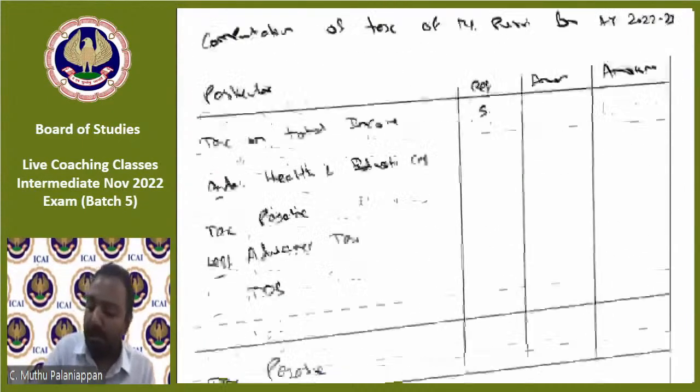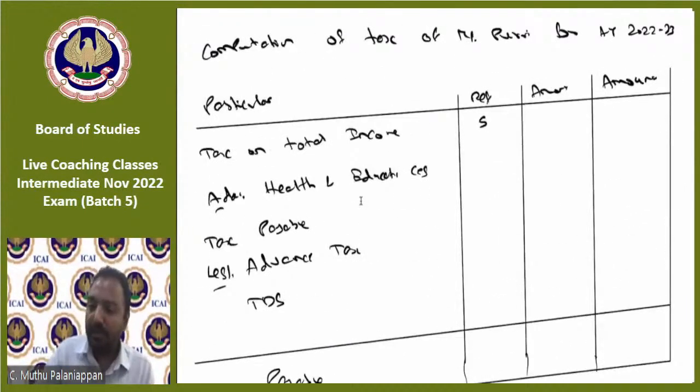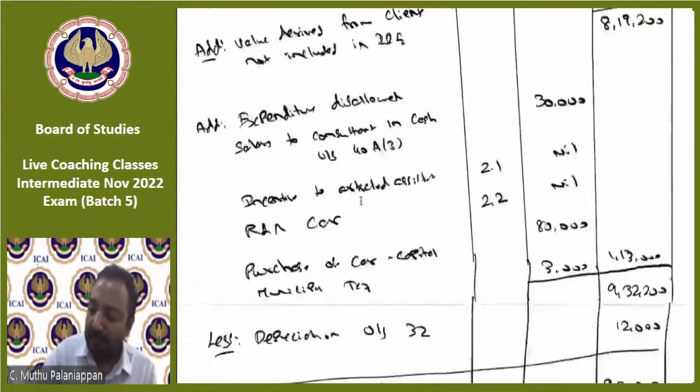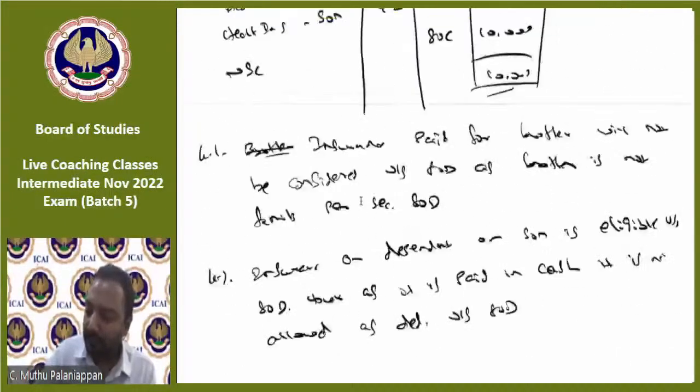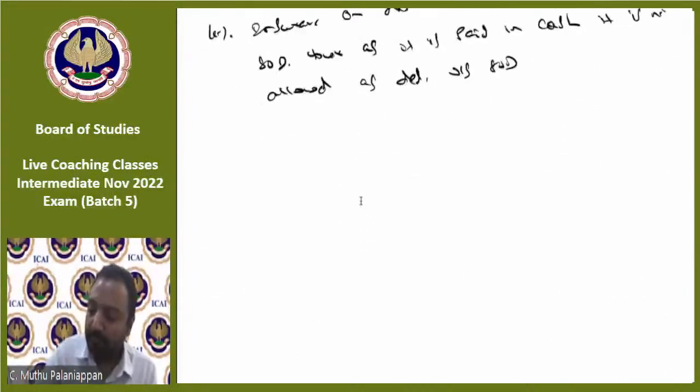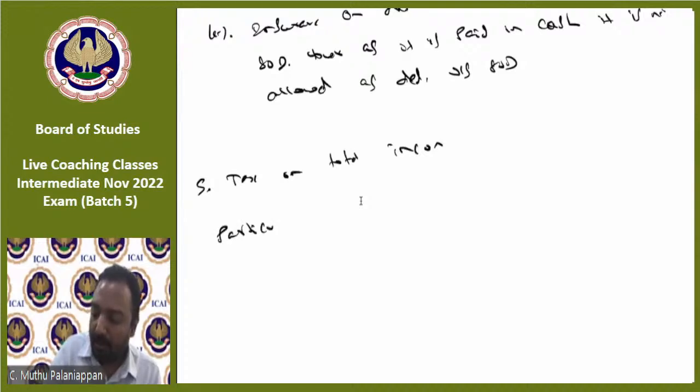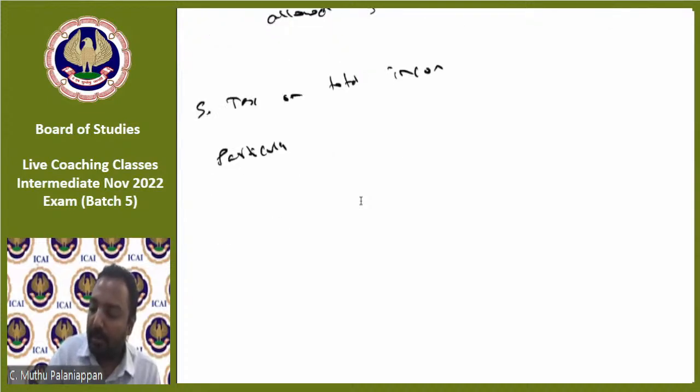So now you are calculating tax on this. So we will just write here 5, tax on total income. What I'll do is I'll prepare a common template for both.